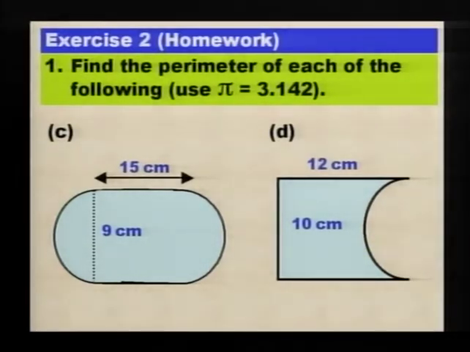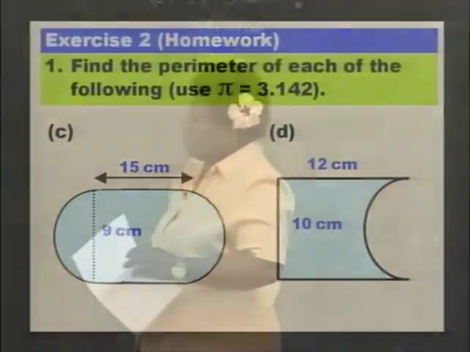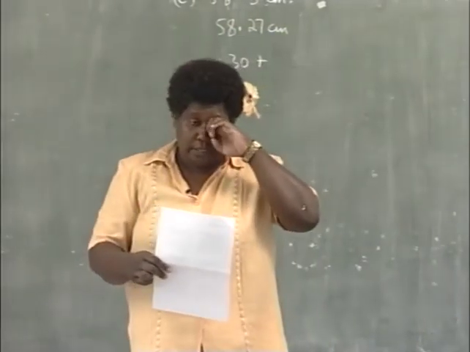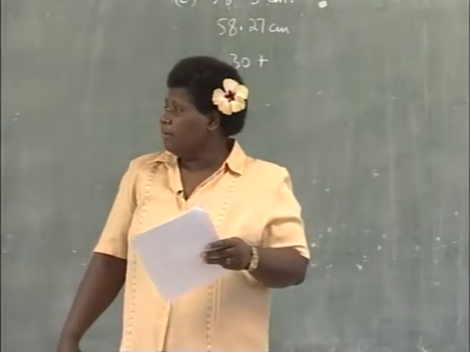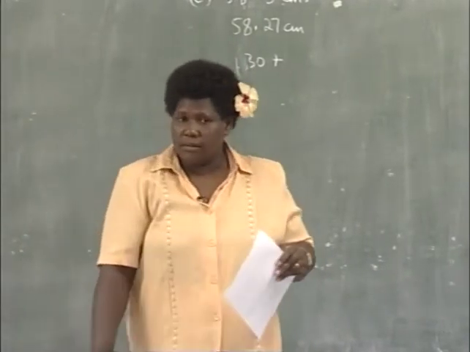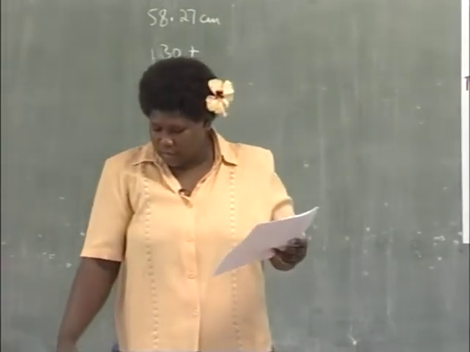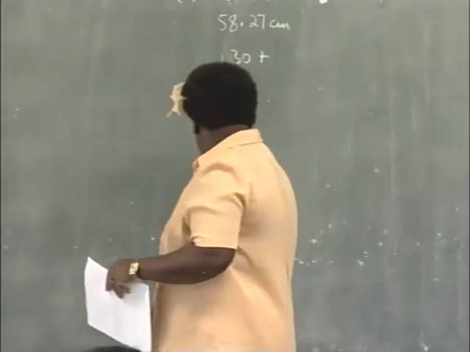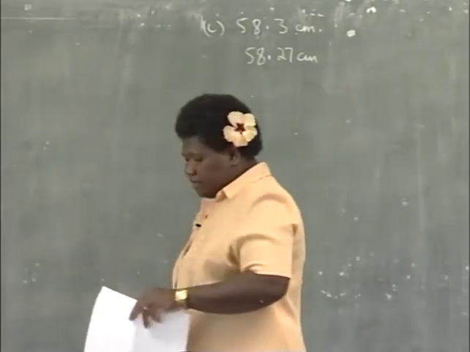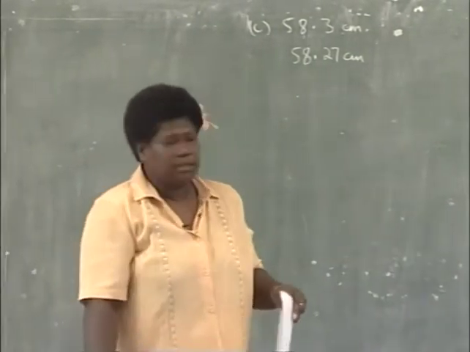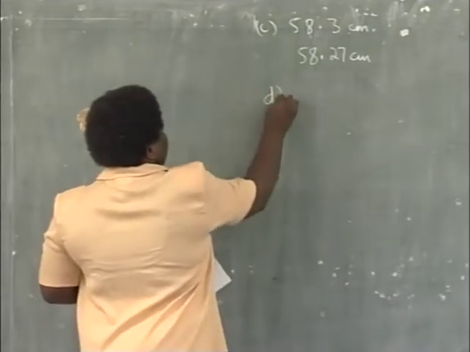Okay, so it will be 15 plus 15, which is 30, and then plus the circumference of a circle. There are 2 semicircular ends there, but then you can just say it's 1 circle. So the answer is 58.27 to 2 decimal places and 58.3 to 1 decimal place. Okay, that's the answer for 1C.